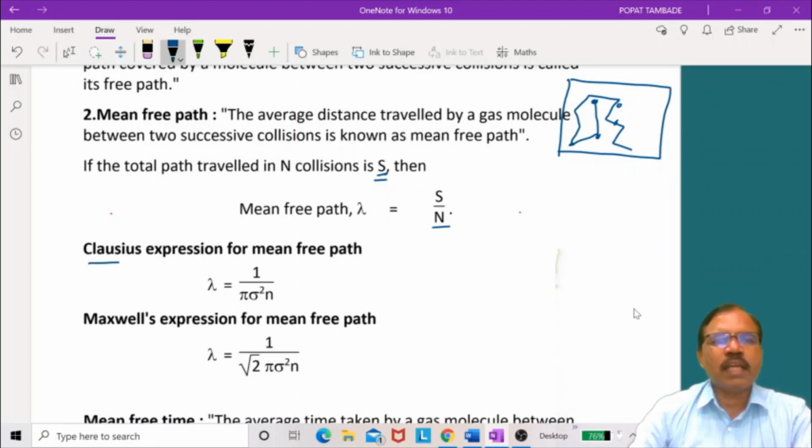This is called Clausius expression for mean free path, where sigma is the radius of the molecule and n is the number of molecules per unit volume of that container. Another expression is called Maxwell's expression for mean free path: lambda is equal to 1 upon root 2 into pi sigma square into n.